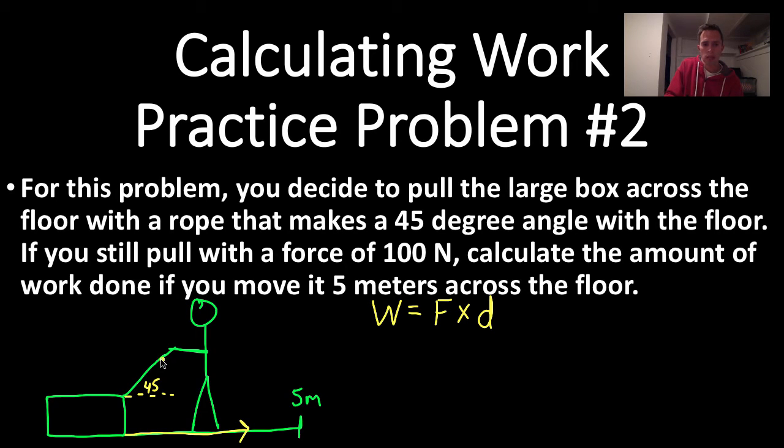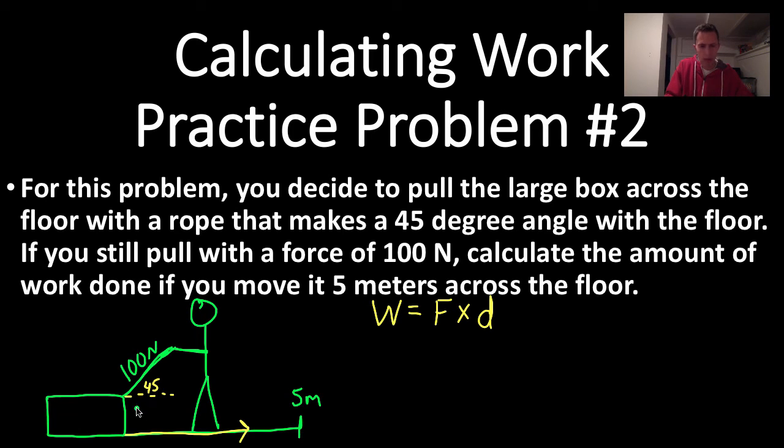And so when we consider this force that you're pulling on the rope with of 100 newtons, we can't consider this in our calculation of work because this force is not parallel to the direction that this box is moving. So what we're going to do is split up this force into its component parts.